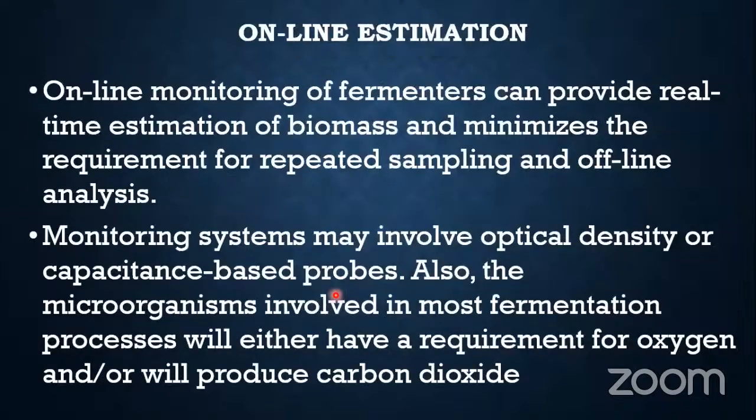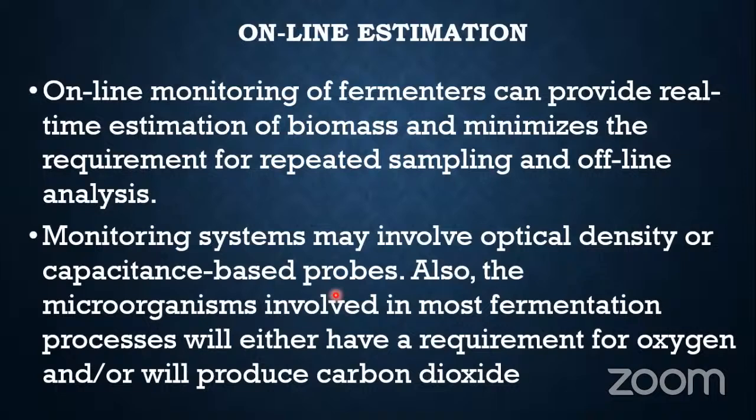We have another method, which is online estimation. Online estimation for fermentation of microbial cells provides real-time estimation of biomass, and it helps to minimize the requirement for repeated sampling and offline analysis. What do we mean?